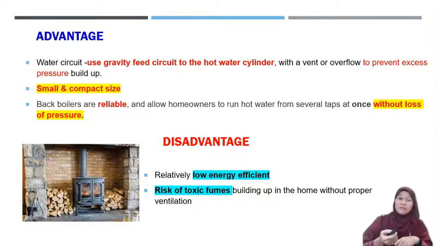It can pose a hazard to your home, for example poisonous carbon monoxide, which you never know. It can fill up the house and suddenly everyone in the house dies of carbon monoxide poisoning. So nowadays most countries have banned back boilers due to safety.